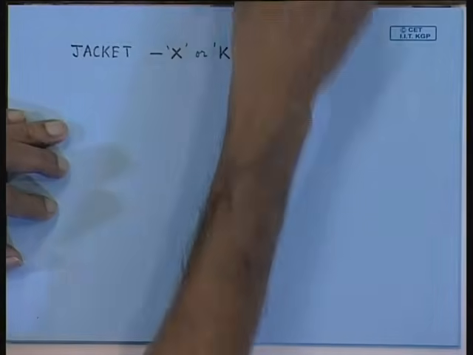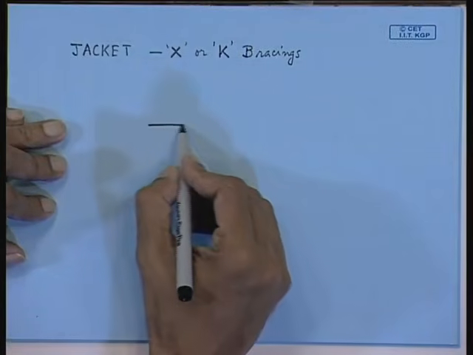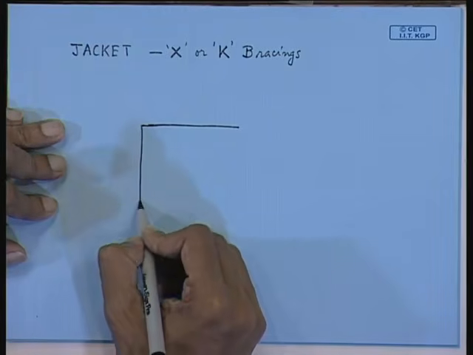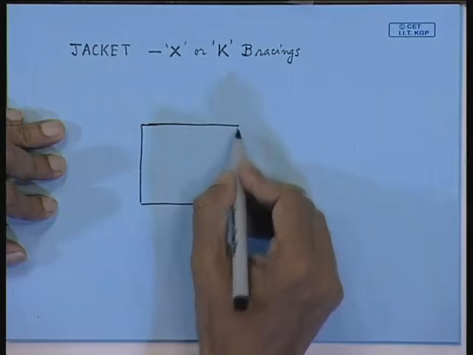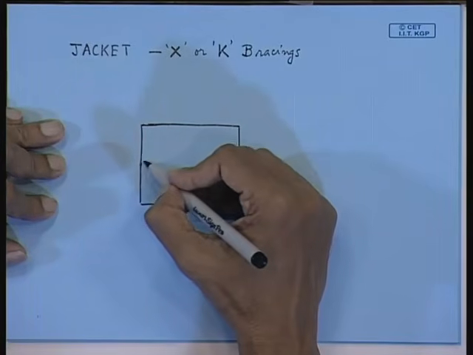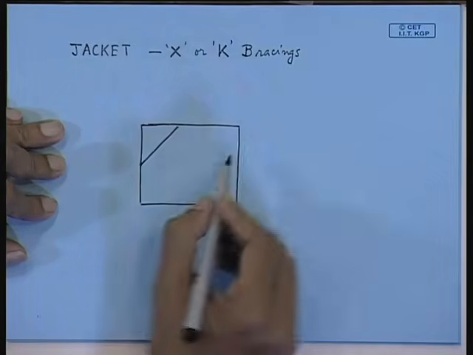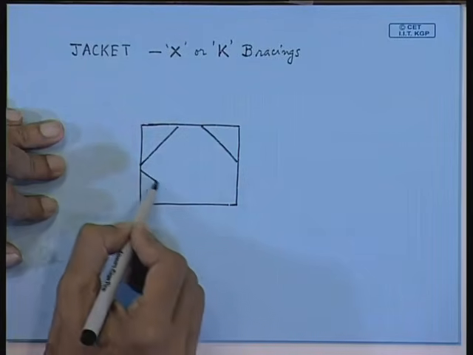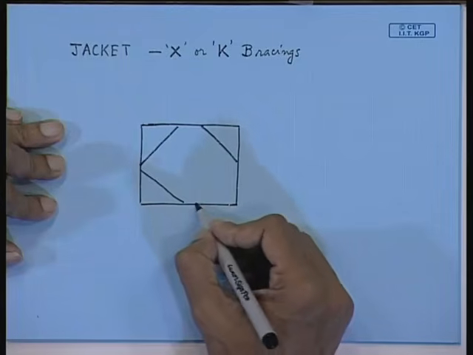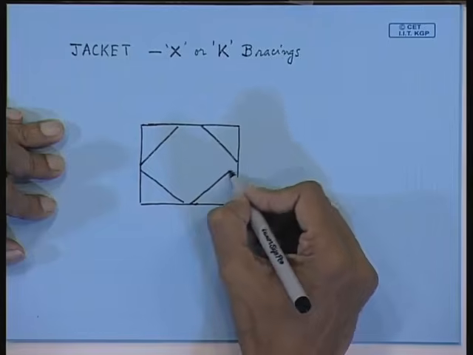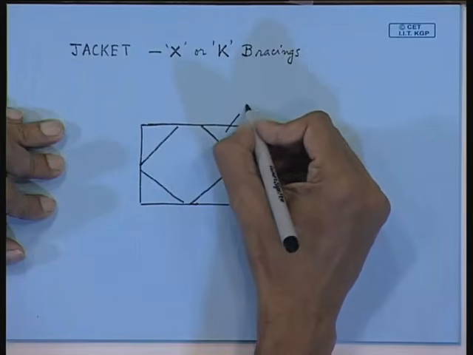Sometimes at the base you will find this is a rectangular type of flat base, and here you have a steel plate at the corners. Now, this is called a mud mat.